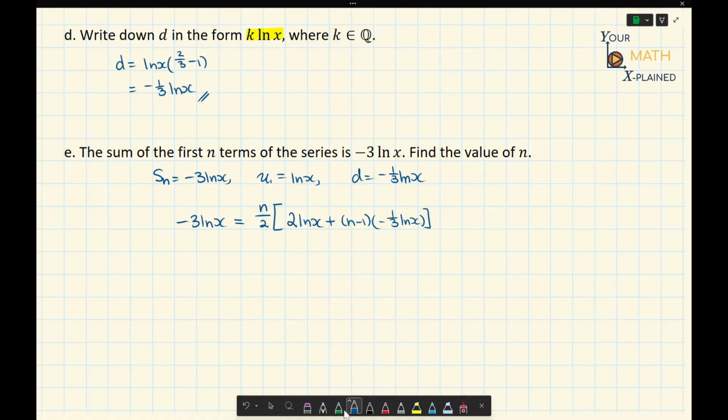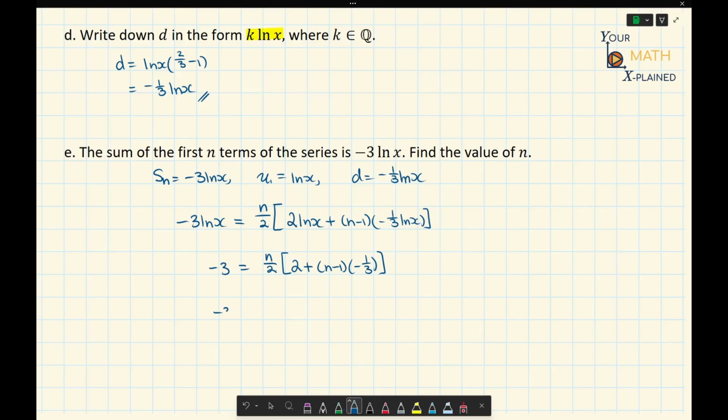And again, we can do that because we know x is greater than 1, which means ln of x does not equal 0. So that simplifies to negative 3 is equal to n over 2 times 2 plus n minus 1 times negative 1/3.